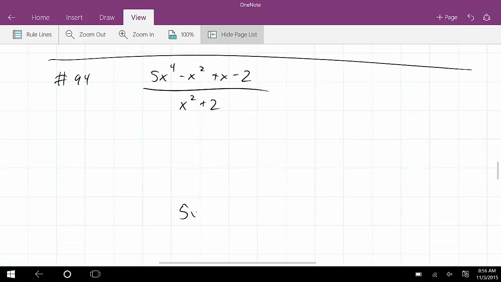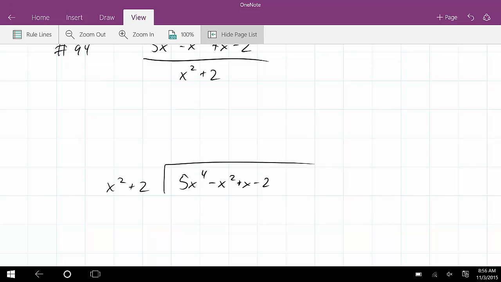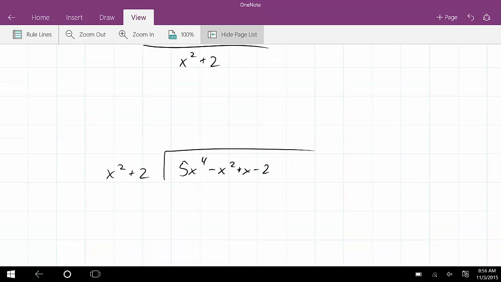So we have 5x to the power 4 minus x squared plus x minus 2. We're going to divide it by x squared plus 2. So x squared times 5x squared would give me 5x to the power 4. 5x squared times x squared is 5x to the power 4. 5x squared times 2 is going to be 10x squared.